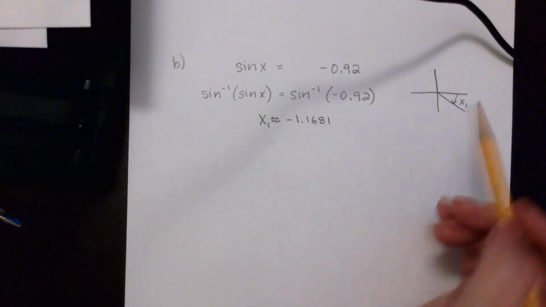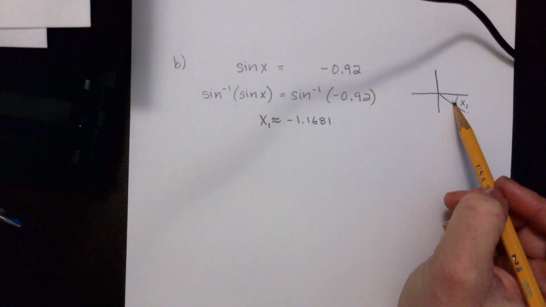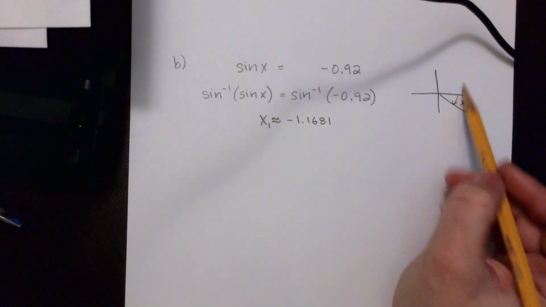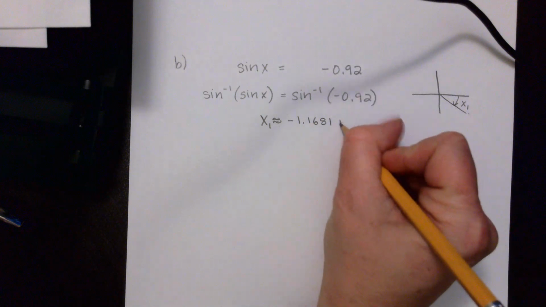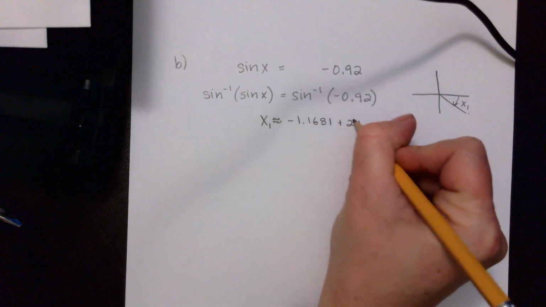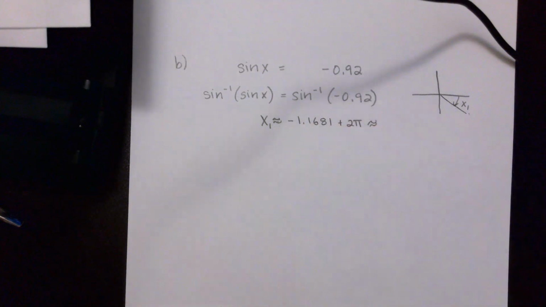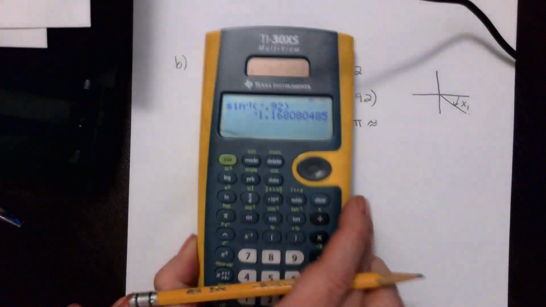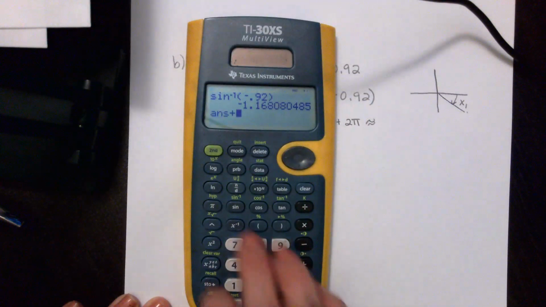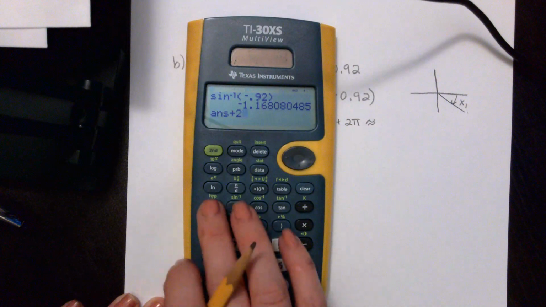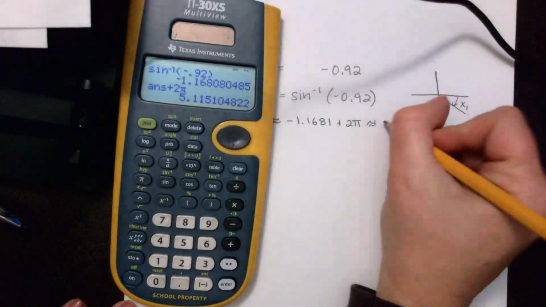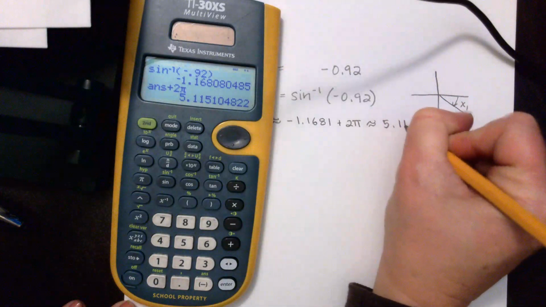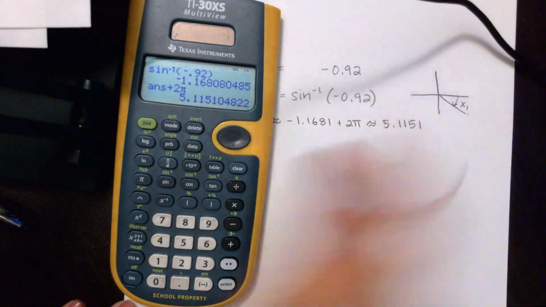So in order to get it positive, to get it between 0 and 2 pi, I'm going to go one rotation around. So I'm going to add 2 pi to this value and find that that is approximately 5.1151.